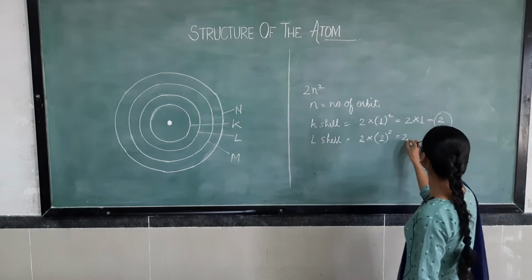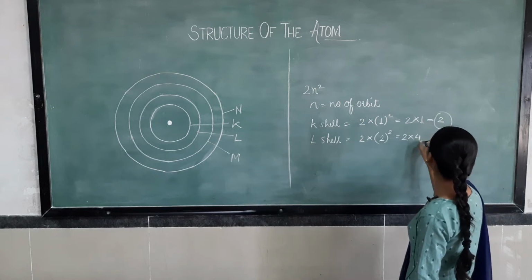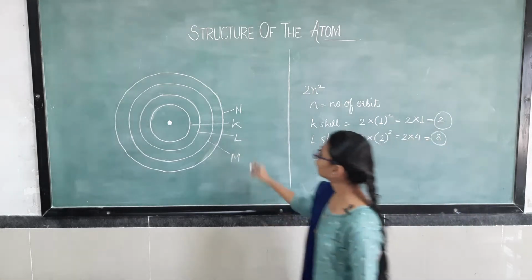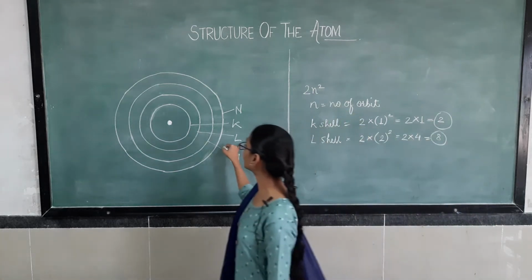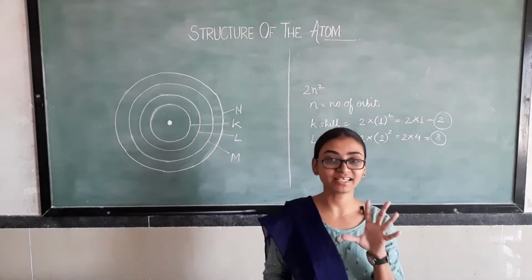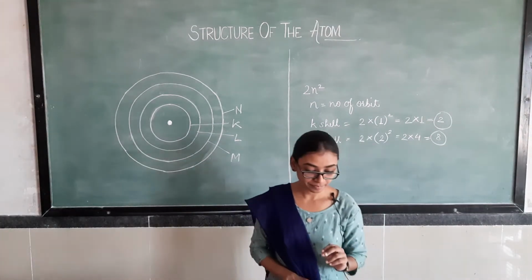So square of 2 is 4, and 4 twos are 8. So from this 2n square formula we can conclude that the L shell can have a maximum of 8 electrons inside it.